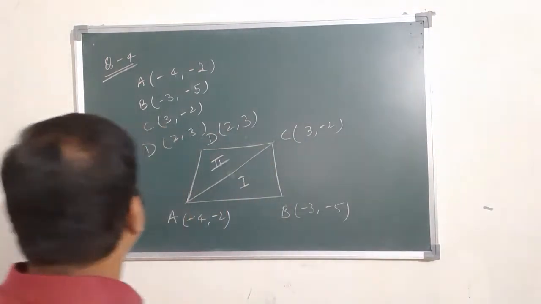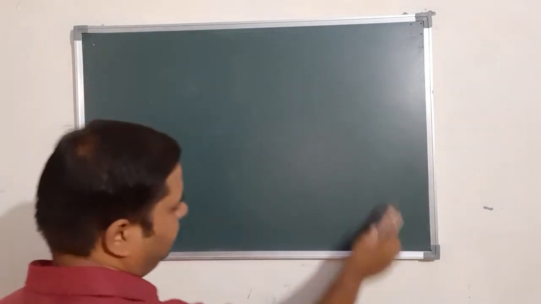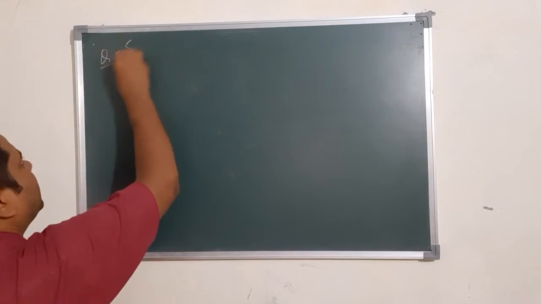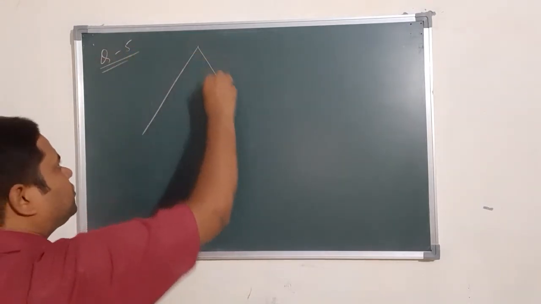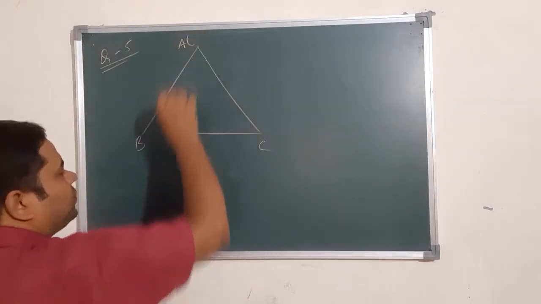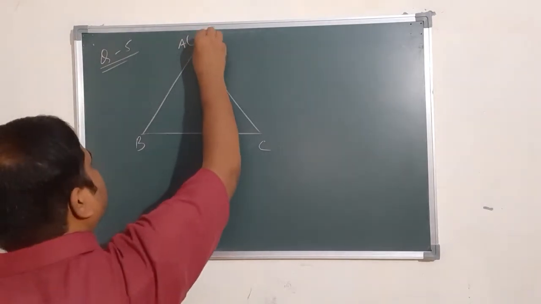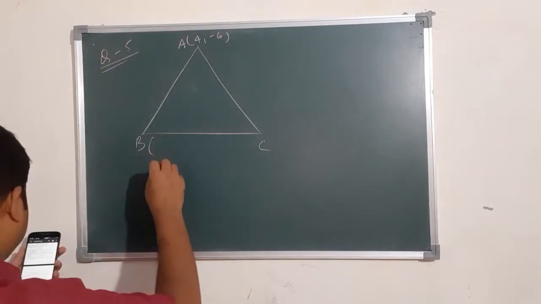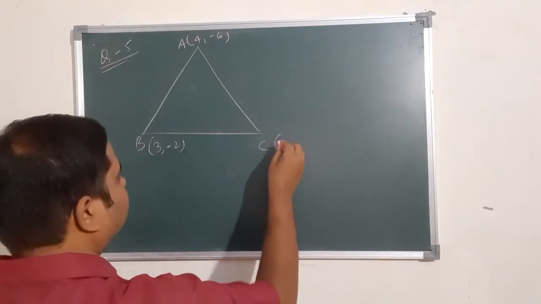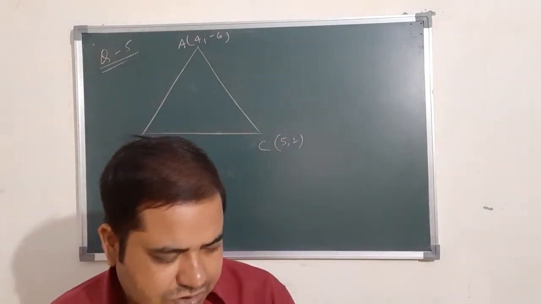So now next is question number 5. What is question number 5? In question number 5 it is given the vertices of triangle ABC: A is (4, -6), B is (3, -2) and C is (5, 2).